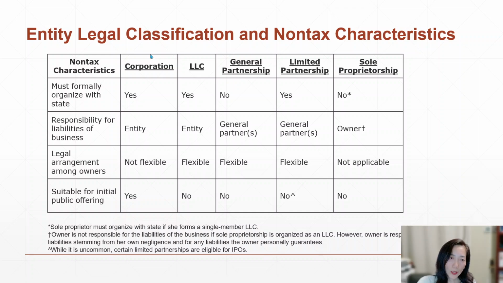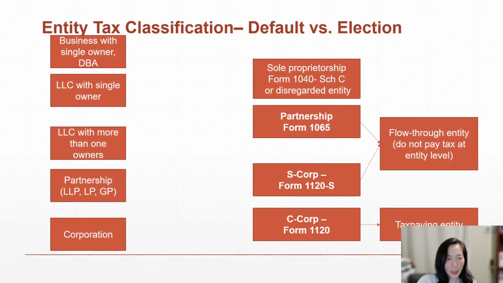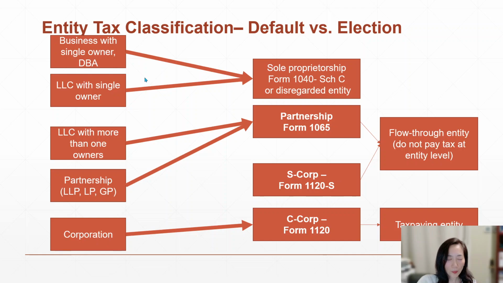Why it's super important is because depending on the entity legal classification, the non-tax characteristics could be different, and the legal arrangement among owners could be different, and the responsibilities for the liability of the business could be different. So this is really a legal classification. But the tax classification is another layer, and I think this chart here gives you a quick overview of how this is done.